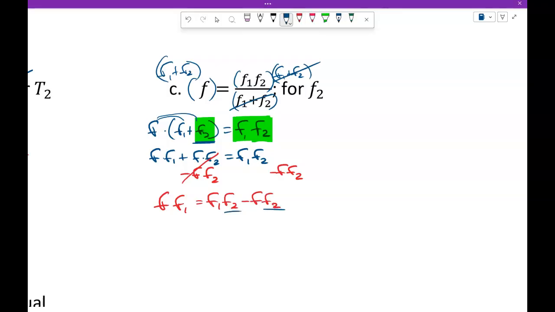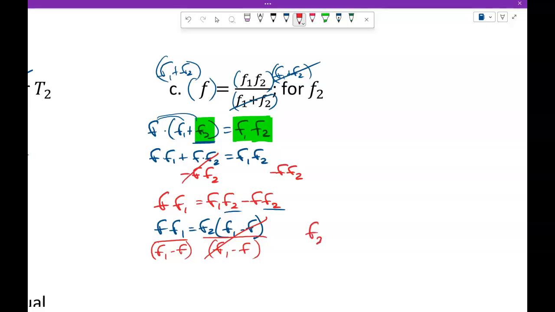We can now factor out the common factor of f2, so that we're left with f1 minus f, and then we finish off by dividing out the factor on the right, so that we're left with f2 equals f times f1 over f1 minus f.